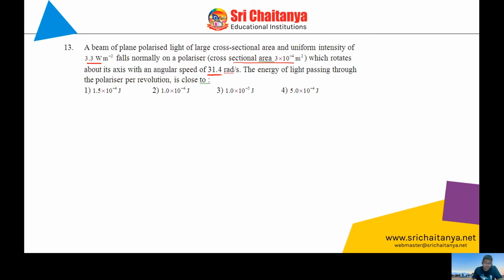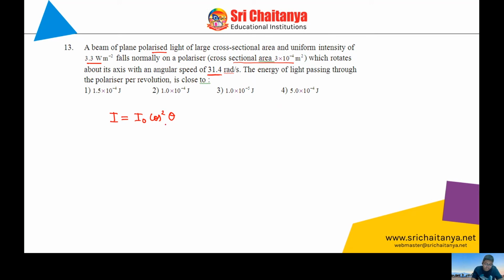So you need to understand that when polarized light is passed through the polarizer, the outgoing intensity is given by Malus's law. That is governed by this expression: I is equal to I naught into cos square theta, where theta here is the angle between the axis of the polarizer and the plane polarized light.